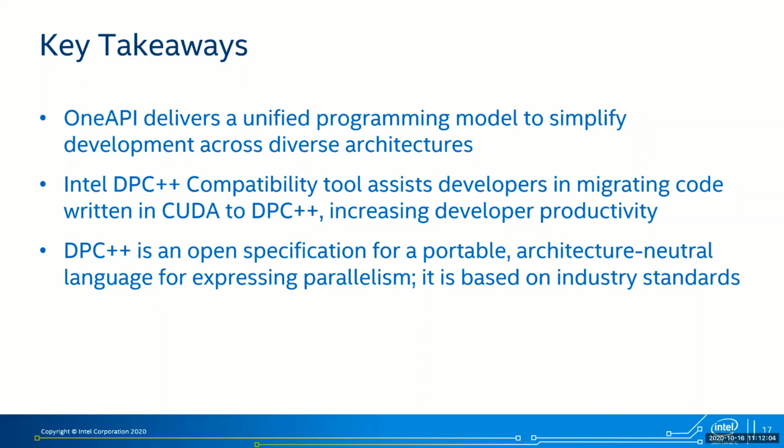The intent is to increase developer productivity and reduce the time it takes to take existing CUDA code and migrate it to use DPC++. And also I want to emphasize that DPC++ is an open specification. The specs are available. SYCL itself is an open specification. There's a lot of information on www.oneapi.com. It's an architecture-neutral language for expressing parallelism, and it is based on industry standards.